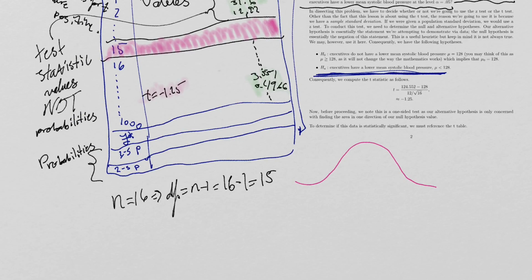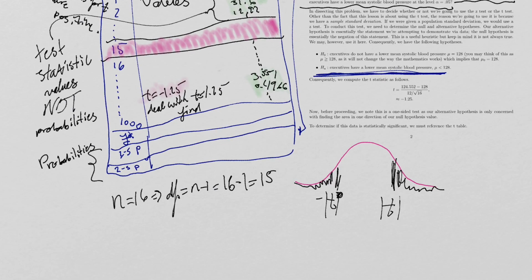This again. Okay. This is negative t. By symmetry, we can find the absolute value of t. Right? Negative absolute value, positive absolute value. And if our alternative hypothesis is looking to the left, we can now just find, by symmetry, area to the right. So that means we're going to deal with t equal to 1.25. Find the probability of x, our random variable, being greater than or equal to 1.25.